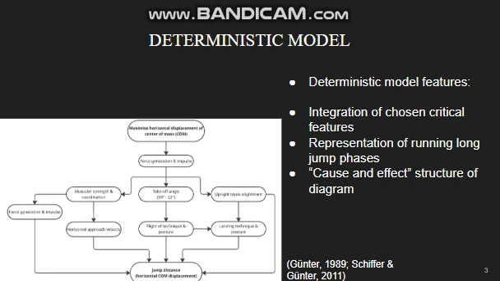So the deterministic model was adapted from Gunther 1989, Schiefer and Gunther 2011, to illustrate the causal hierarchy of performance variables. So at the very top is the performance outcome, followed by the jump distance, which is determined by the takeoff velocity, takeoff angle, and aerodynamic control during flight. These outcomes are influenced by approach velocity, leg power, and arm swing synchronization.